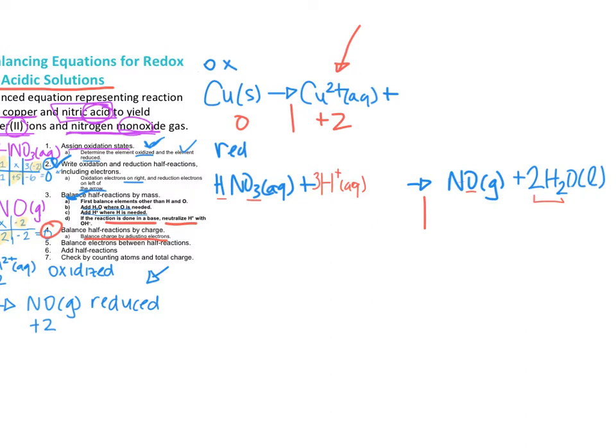On this side, we have a total charge of +3. On this side, we have 0. Anytime you have these charges, these pluses, you are going to balance them out with electrons. So I'm going to balance this out with 2 electrons, and I'm going to balance this side out with 3 electrons.